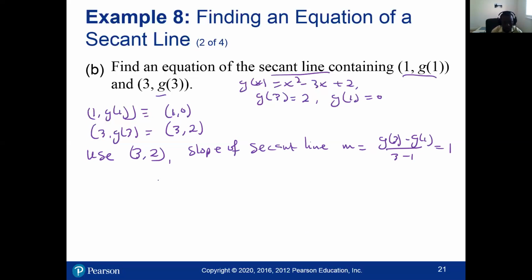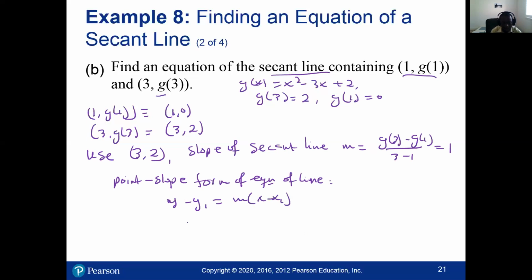Okay, so the point slope form of the equation of a line is y minus y1 equal to m times x minus x1. What is y1? y1 is 2, and then m is 1, and then x minus 3.